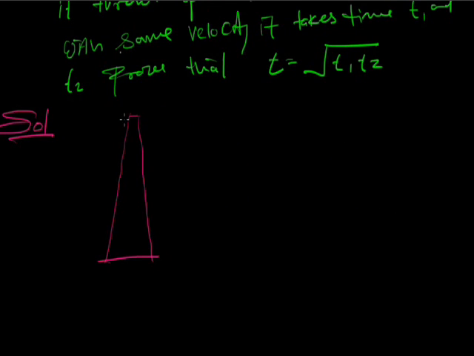Solution. The height of the tower is h from the ground and a body is dropped. Its initial velocity is 0. It takes time t to reach the ground.